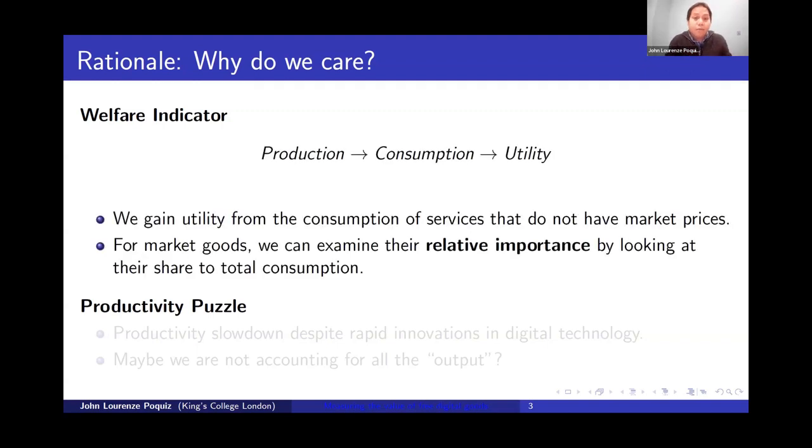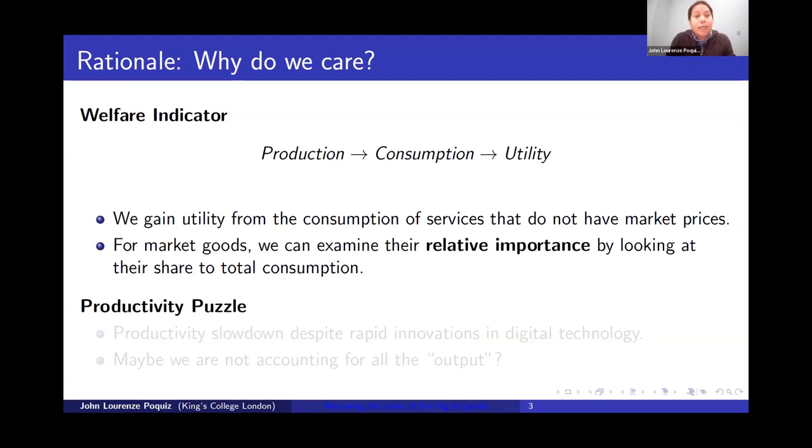So in terms of welfare, the link between production and consumption is one of the main reasons why the national accounts is a popular indicator of welfare. It assumes that whatever we produce, we consume, and assuming that utility is increasing in consumption, an increase in production should correlate to some increase in utility. So this is why gross domestic product is sometimes used as an indicator for welfare.